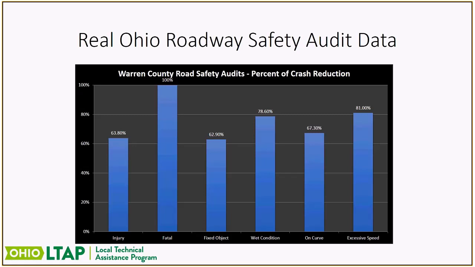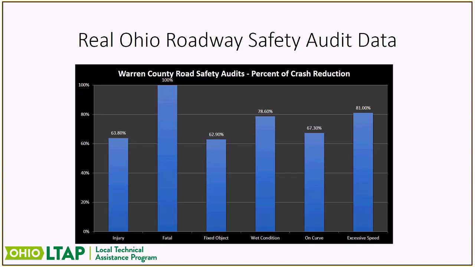Some of our first roadway safety audits we did were in Warren County. We looked at 5 different routes there. And this is real data. When you look at the chart on the screen now, we have the severity of the crashes in the first 2 columns, and then post installation of the recommended countermeasures.